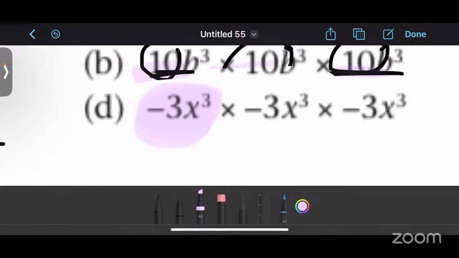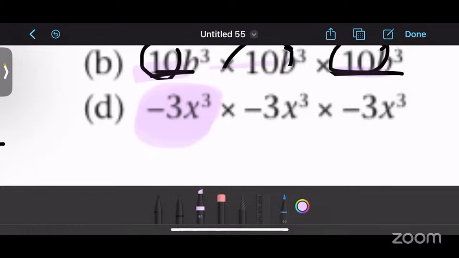No, ma'am. Ma'am, I'm saying we add the exponent and we will get the answer. Are you using earphones, Manahil? No, ma'am.